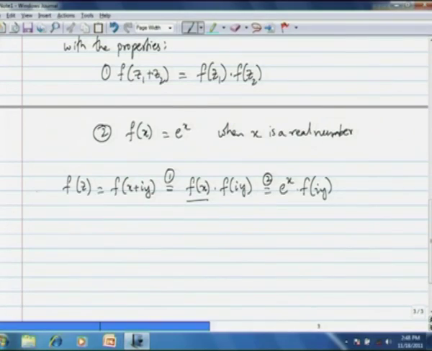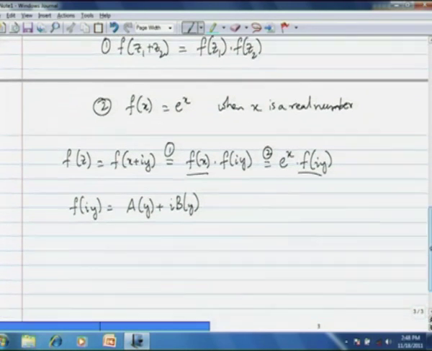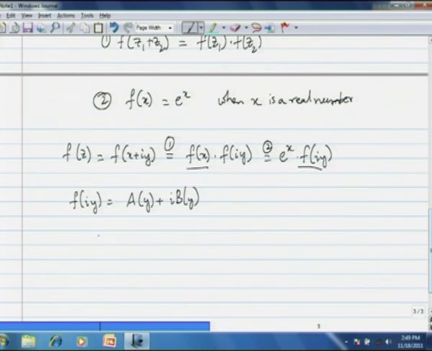Further, if we write f of i y as a of y plus i times b of y, I am writing the function f of i y into its real and imaginary parts. Then f of z should look like e power x a of y plus i times e power x b of y.